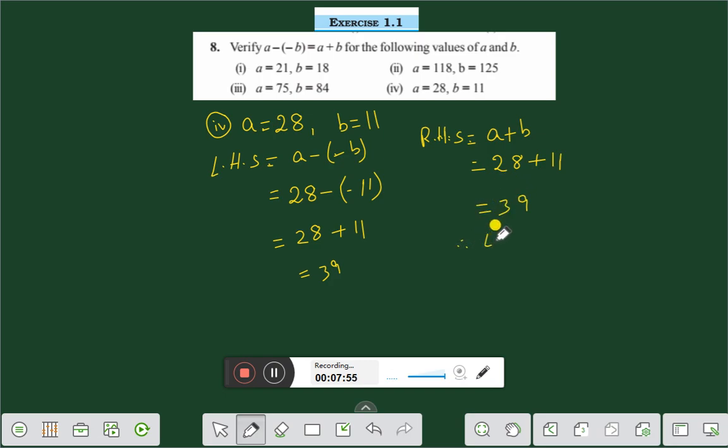Therefore LHS, left hand side is equal to right hand side. In this way, it is verified. Therefore we have verified a minus of minus b is equal to a plus b for all the values of questions 1, 2, 3 and 4.